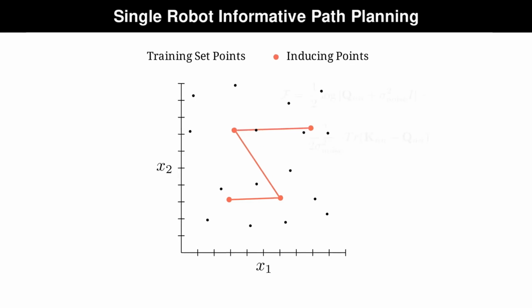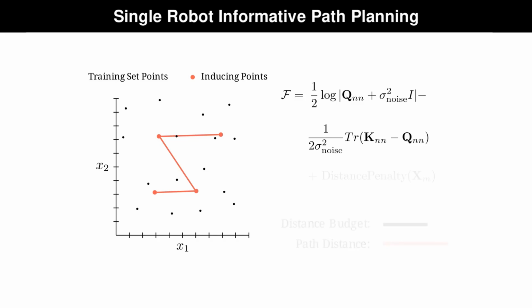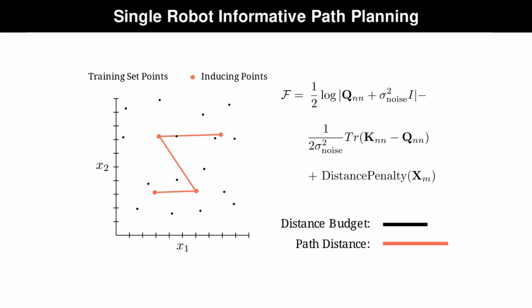Furthermore, we update the SGP's objective function to include a distance penalty term, which calculates the total distance of the current path and penalizes the objective if the total path length exceeds the distance budget. Subsequently, we optimize this SGP, incorporating the distance budget term to obtain the solution path.